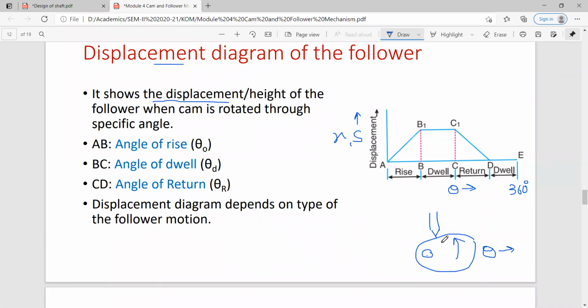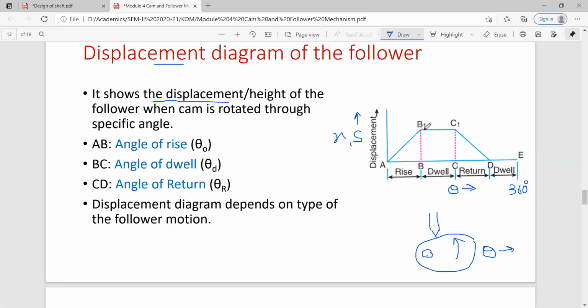After that the same thing will continue. It will rotate, the follower will rise, then it will stay in its topmost position for some time, then it will come back, depending on the shape of the cam profile. So that is the displacement diagram.